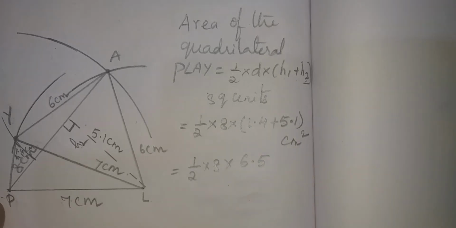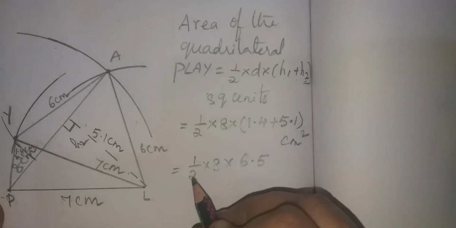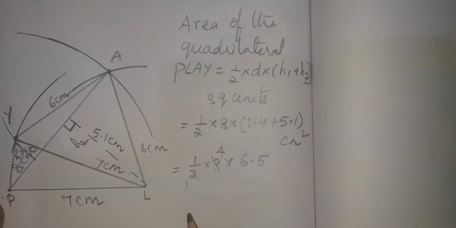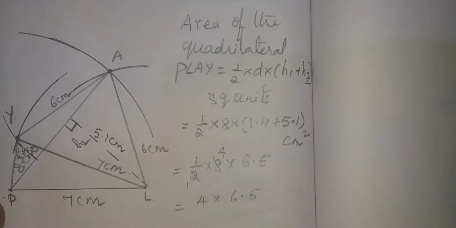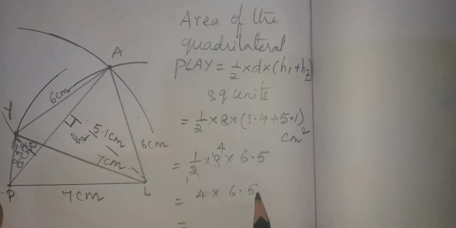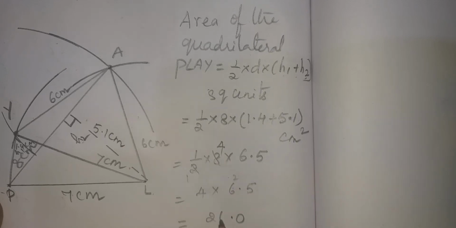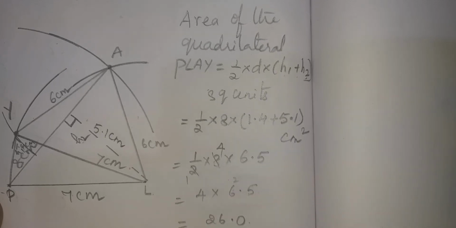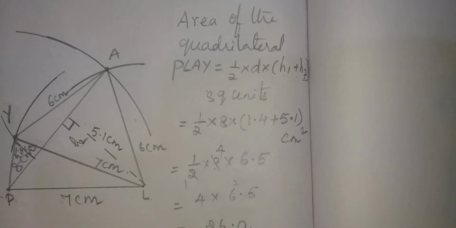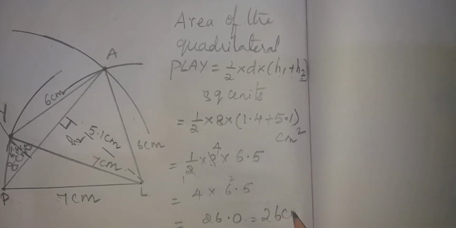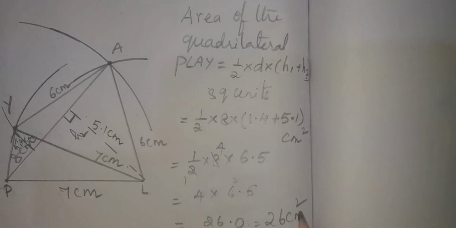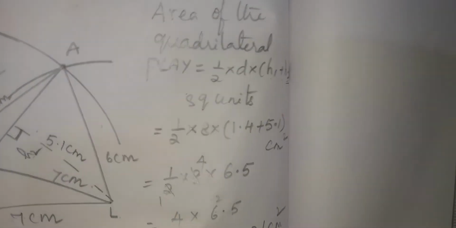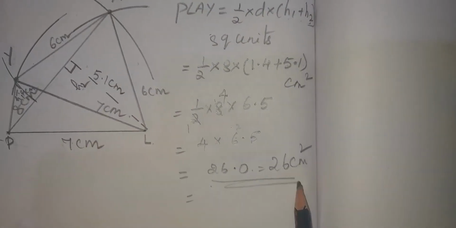Now let us simplify. 2 ones are 2, 2 fours are 4. Now multiply 4 into 6.5. 4 5s are 20, 4 6s are 24 plus 2, 26.0. That is, it is equal to 26 centimeter square. So the area of this quadrilateral is 26 centimeter square. Thank you.